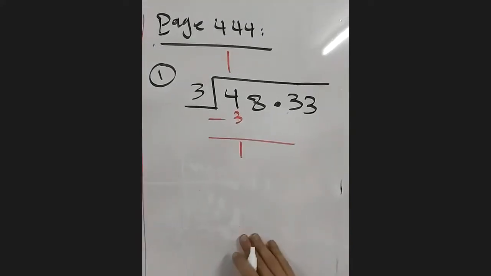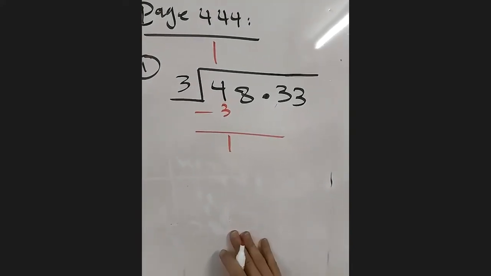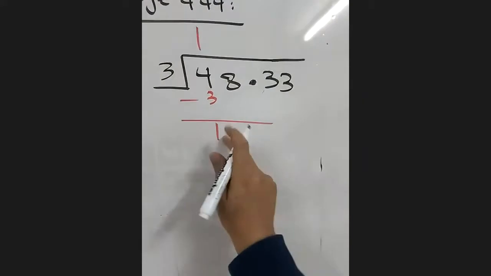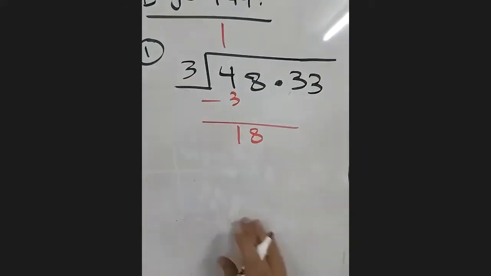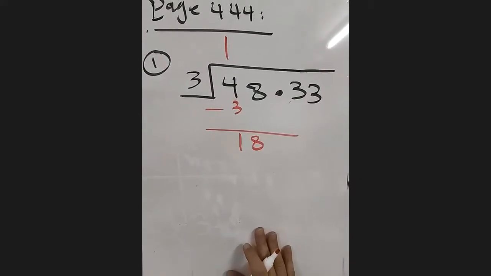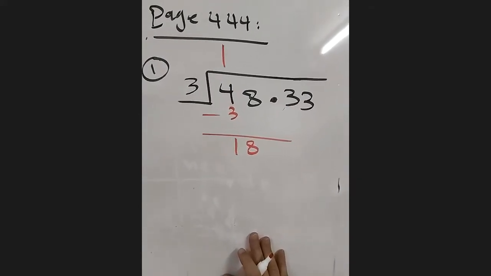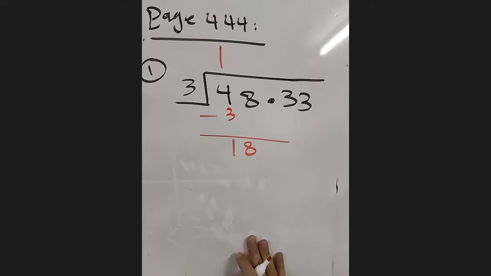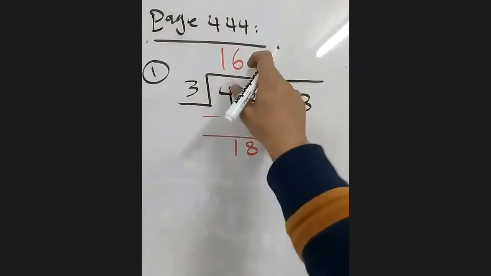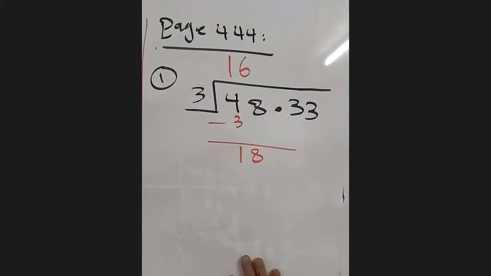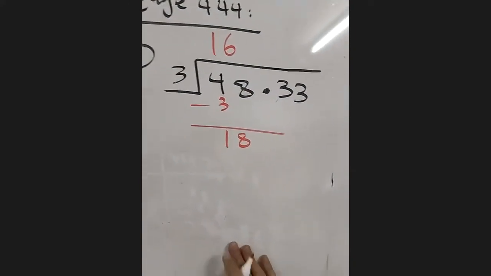Excellent. Now what will I do? 8 is down. Put the 8 down. It will be 18. 18 divided by 3. How much? 6. 6 multiply 3.